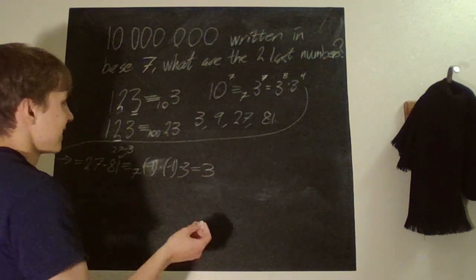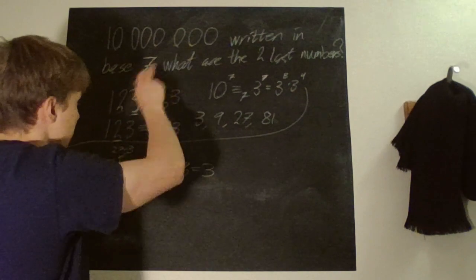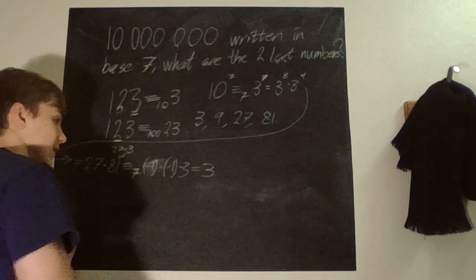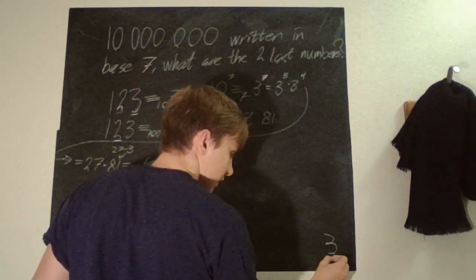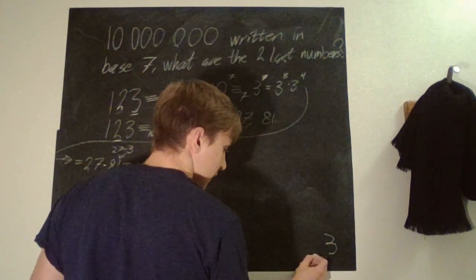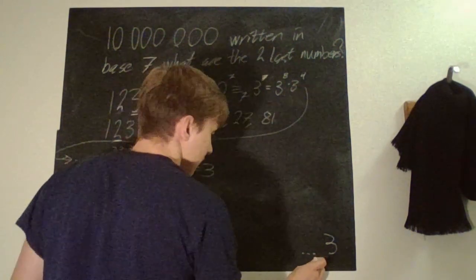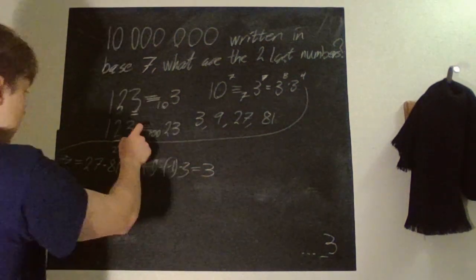And so now we know that the last number of 10 million written in base 7 is 3. I'll write that down here. There's more to it to the left, and then we basically do what we did here.